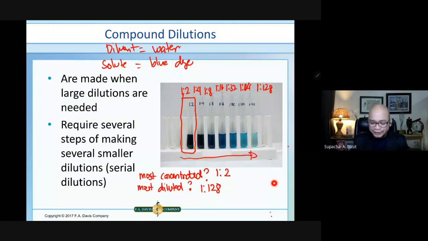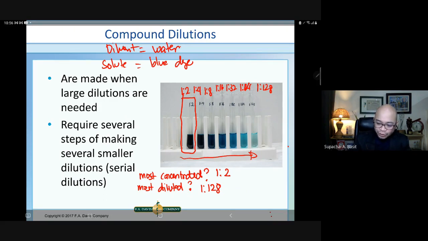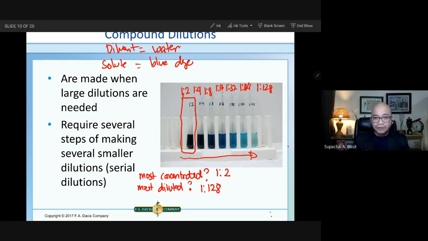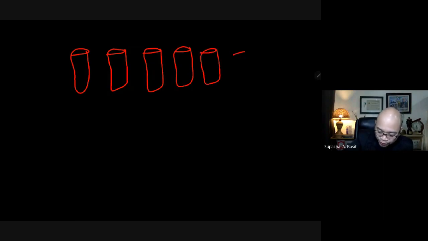So how do we do this? We simply prepare tubes. There are 7 tubes.